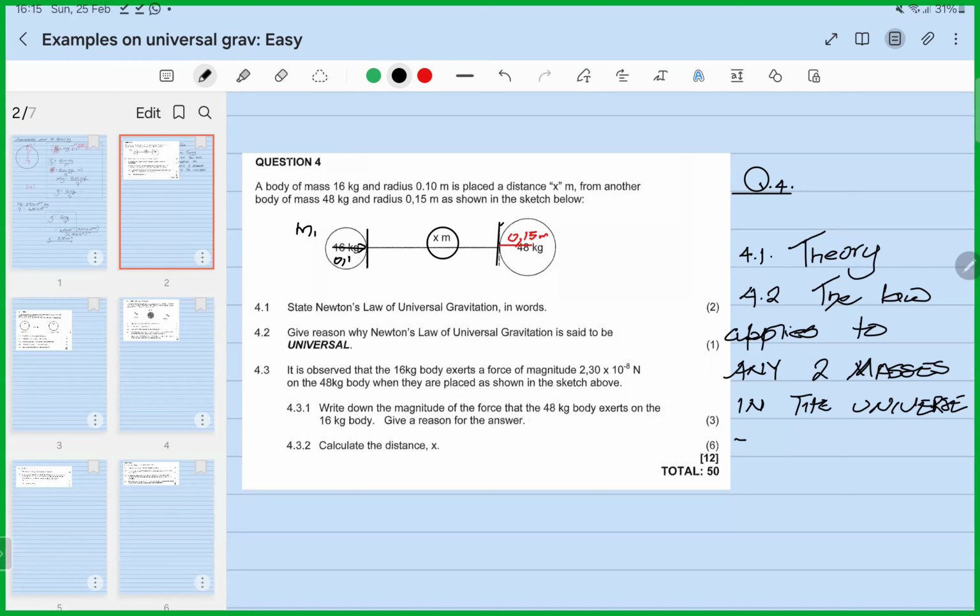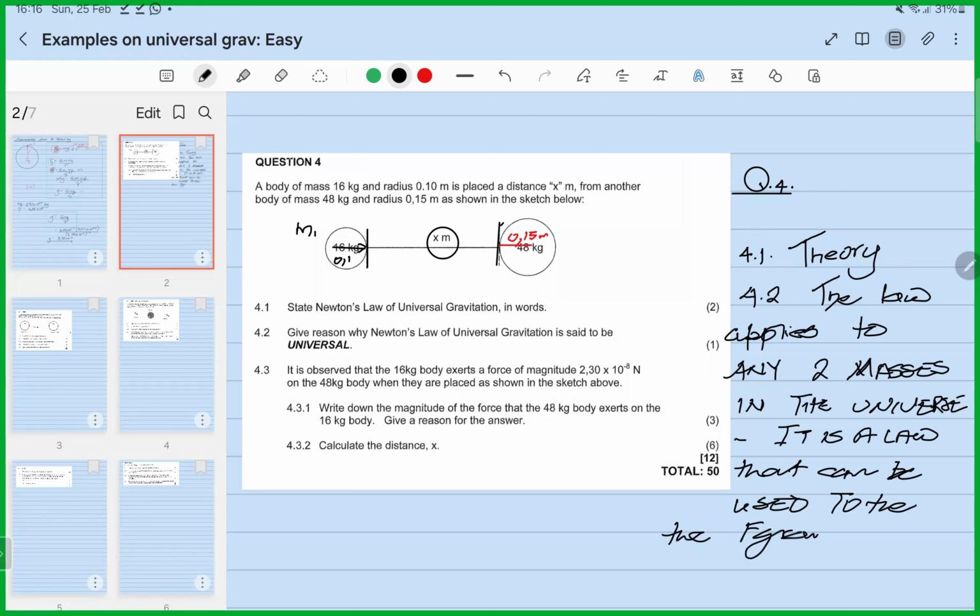It is a law that can be used to calculate the gravitational force between any two masses.